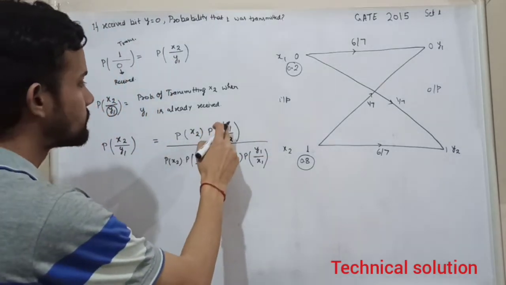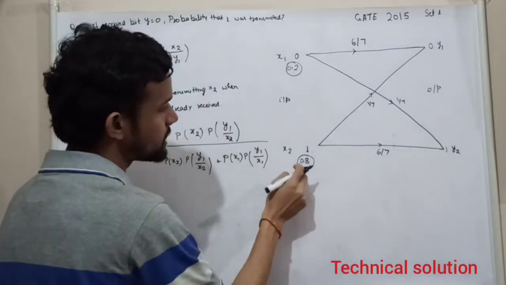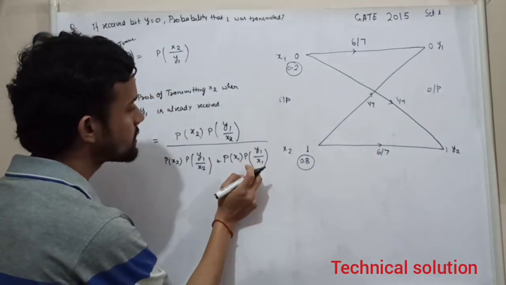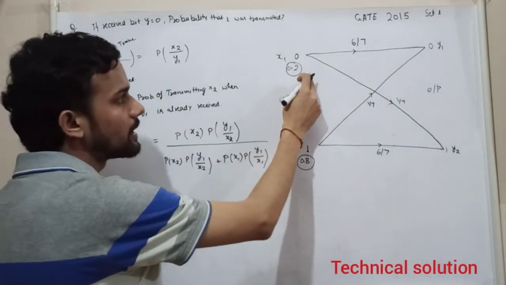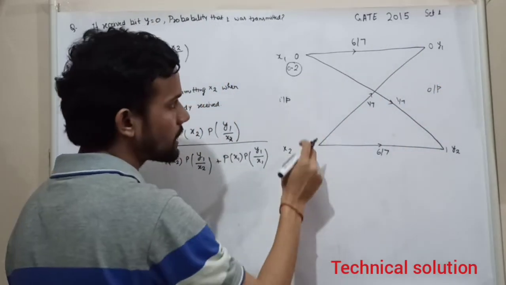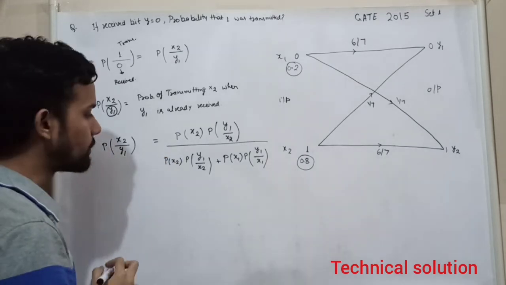The meaning of P(y1/x2) is the probability of receiving y1 when x2 is transmitted, and the meaning of P(y1/x1) is the probability of receiving y1 when x1 is transmitted. There are two probabilities of receiving y1, either x1 is transmitted or x2 is transmitted. Therefore, we have to apply Bayes' theorem.